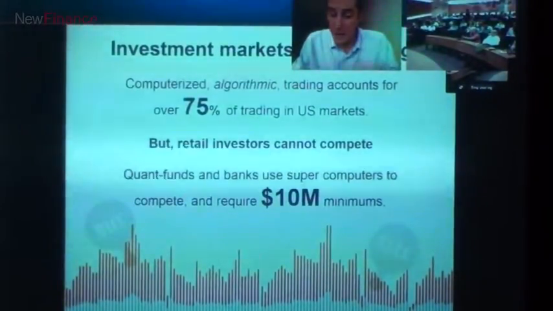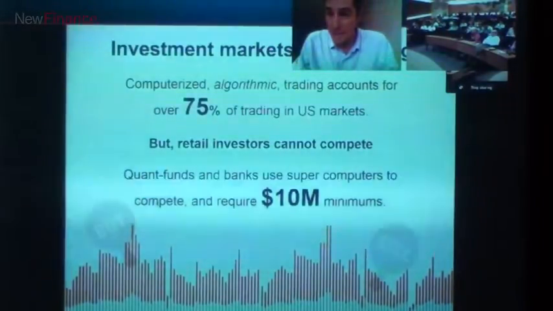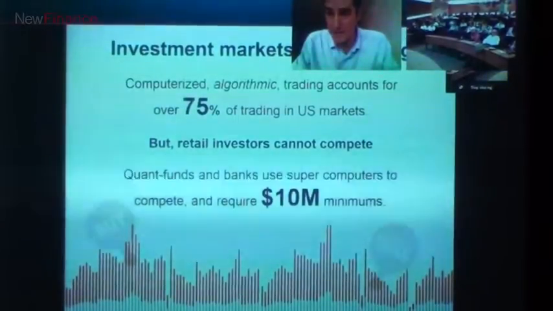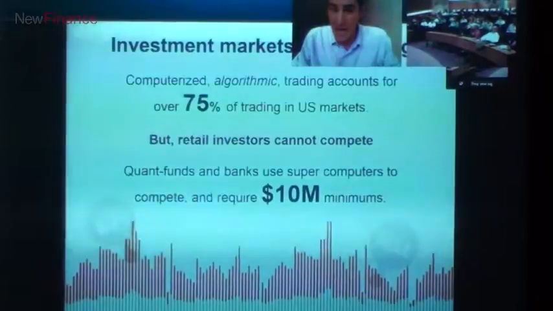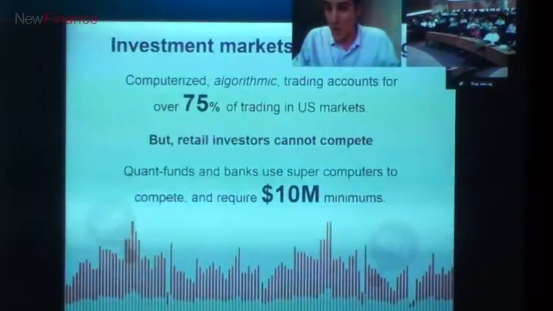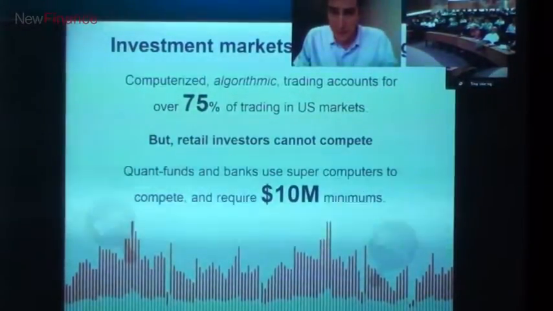But for a retail investor, a mum and dad that wants to buy some shares, they really can't compete. They're at the whims of the market, and their level of sophistication doesn't even come close. And on top of that, if you want to get involved with these quant funds, there's very high minimums.